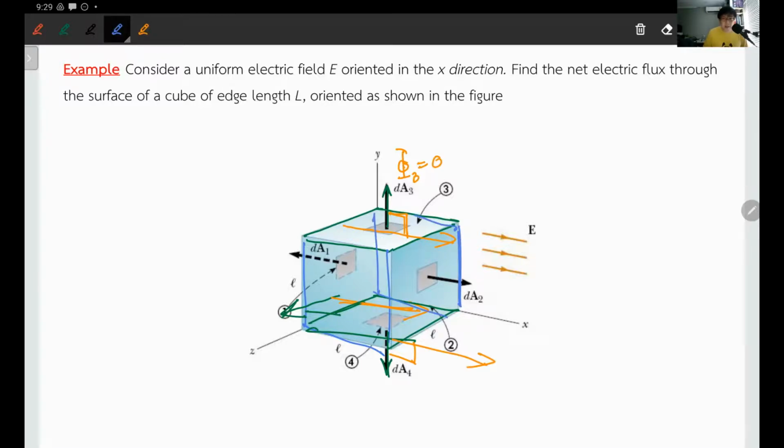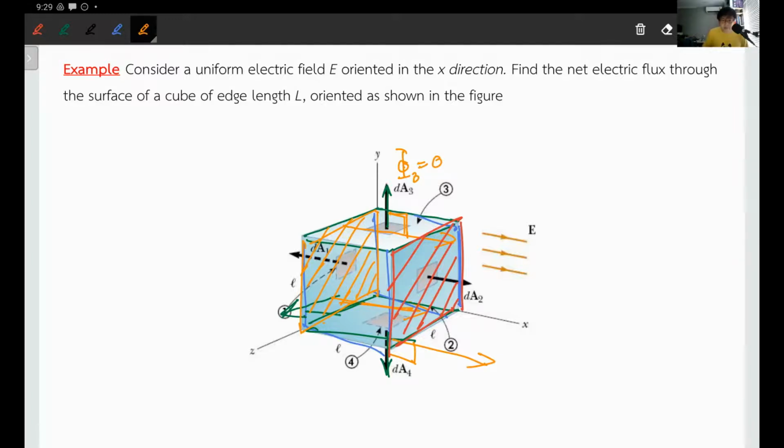So the only surface that's going to give non-zero flux is the surface on the right here, that I'm highlighting red right now, and another surface on the left right there, that I'm highlighting orange. Okay, you guys with me?